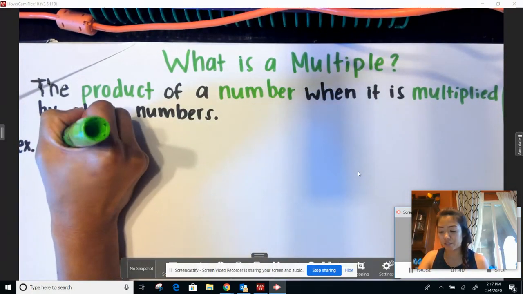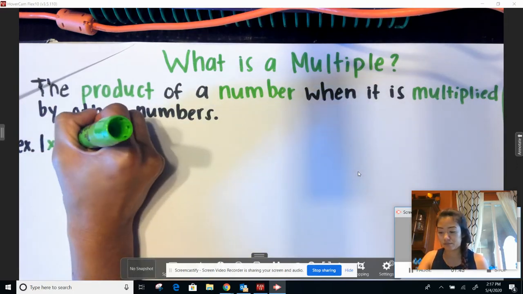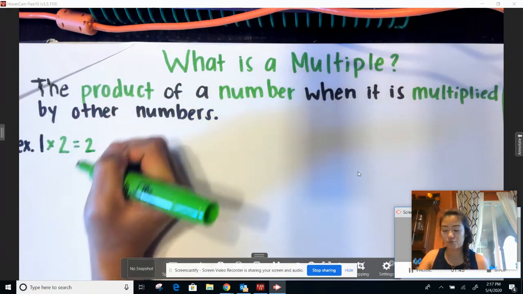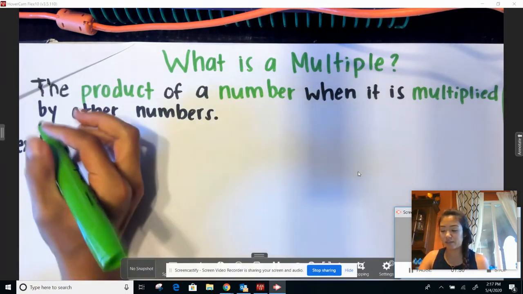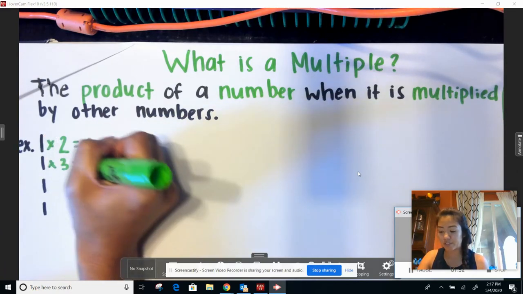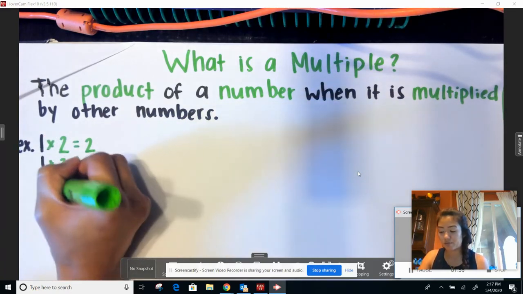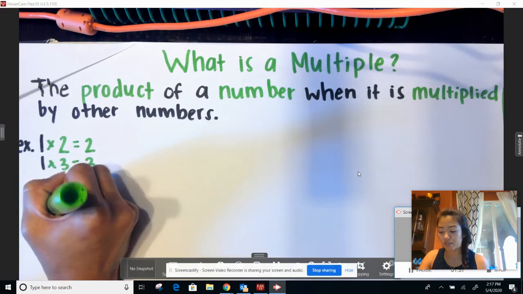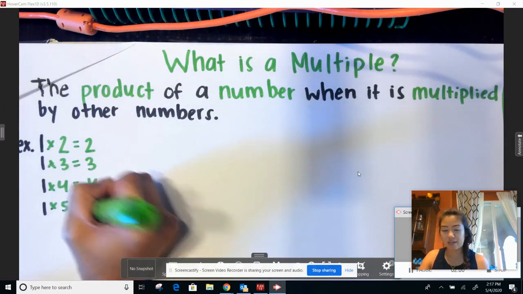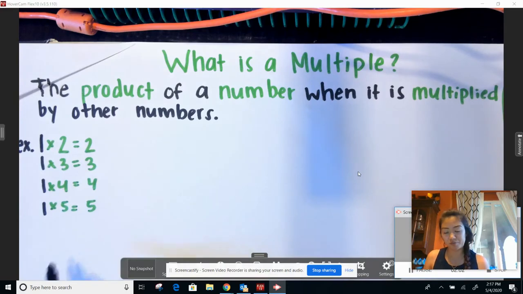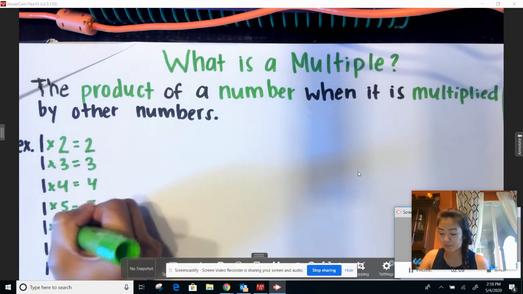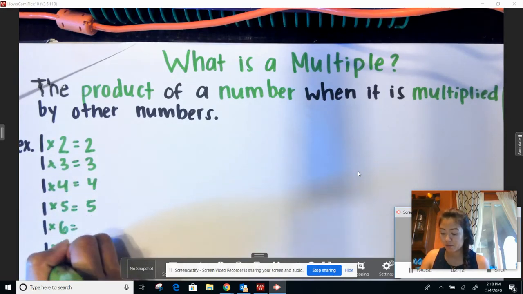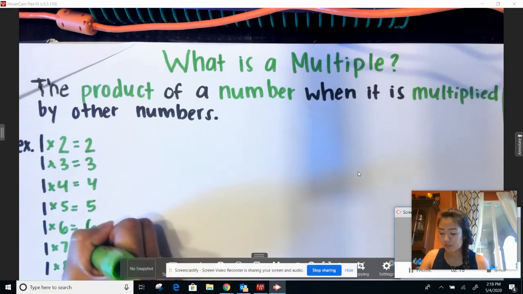So I'm just going to go down the list. 1 times 2, 2. This may start to look familiar with what we do in class. 1 times 3, 3. 1 times 4, 4. 1 times 5, 5. Sound familiar? These are your multiples, and these are the multiples that we sing in class and recite when multiplying larger numbers. 6, 7, 8.